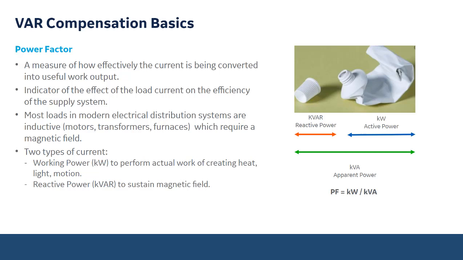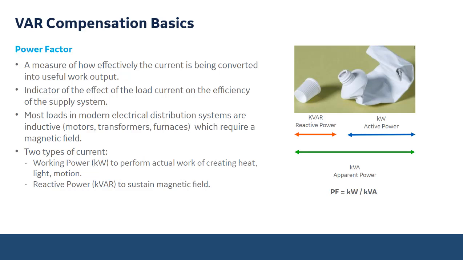Power factor is a measure of how efficiently the current is being converted into useful work output. It is the indicator of the effect of the load current on the efficiency of the supply system. Most loads in modern electrical distribution systems are inductive, right?